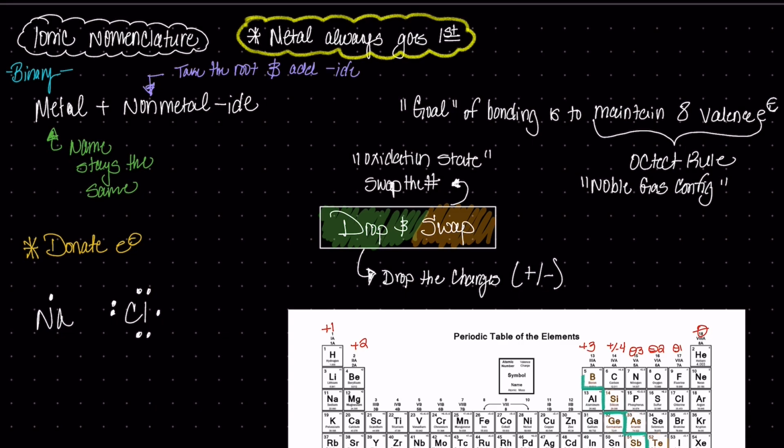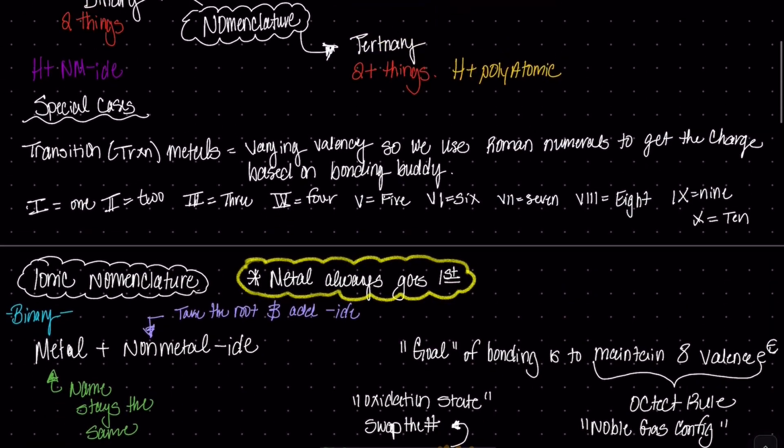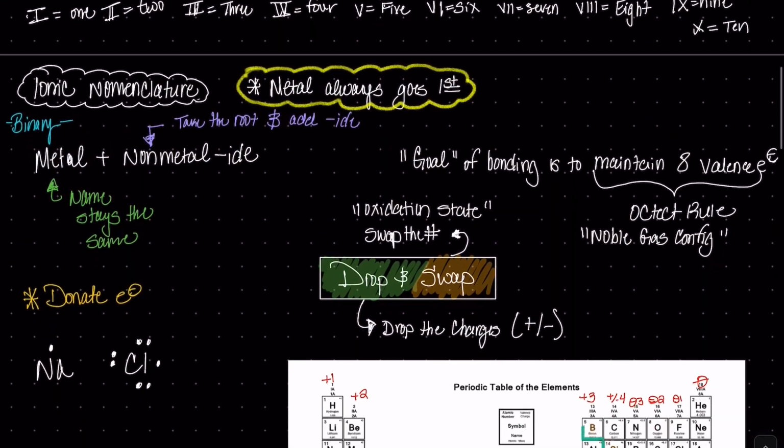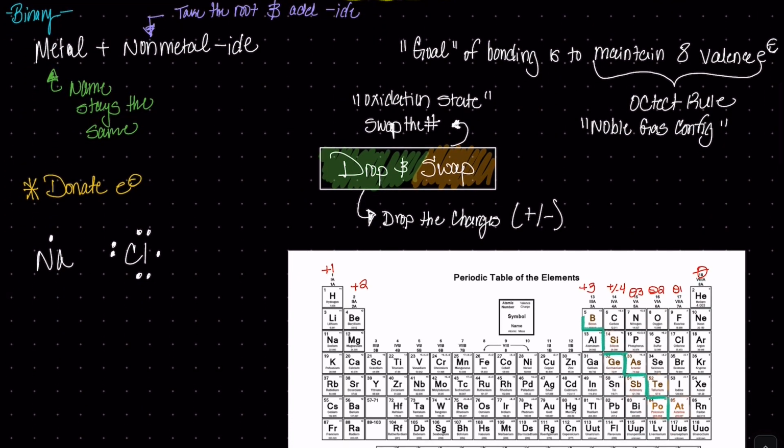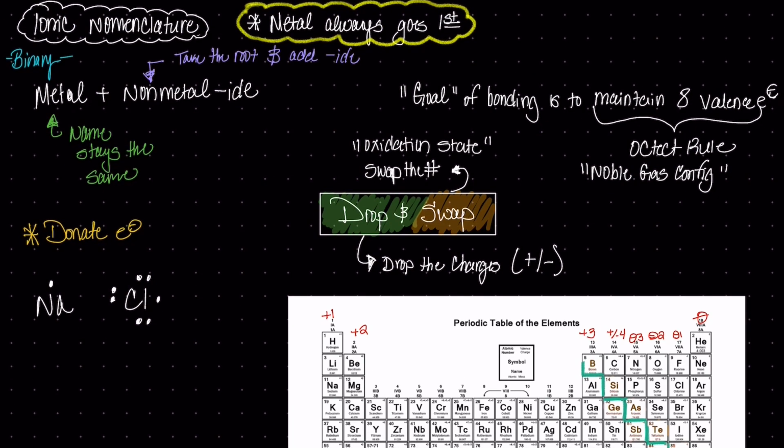So first things first, we start pretty simply and start out here with binary ionic nomenclature. So here we have that metal. Anything on the left-hand side, like Beyonce said, anything on the left stays the same.